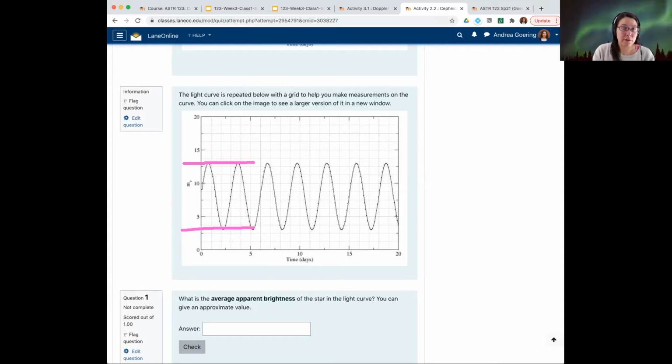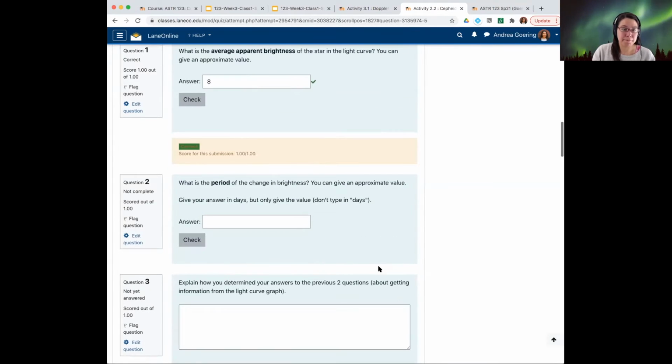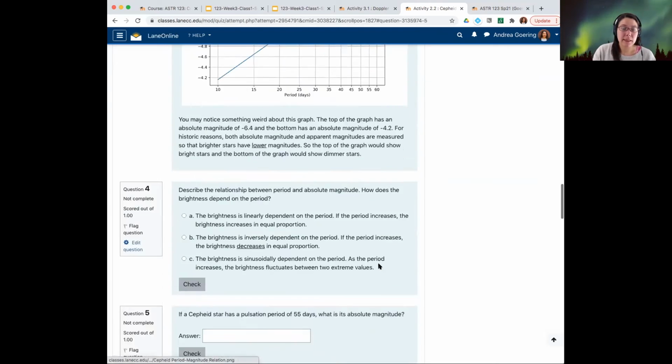So the average of 3.5 and 12.5 I can get by adding them together and dividing by 2. And that gives me something like 8. So if I'm right, then I should be able to say that the average apparent magnitude here is about 8. And I got it.